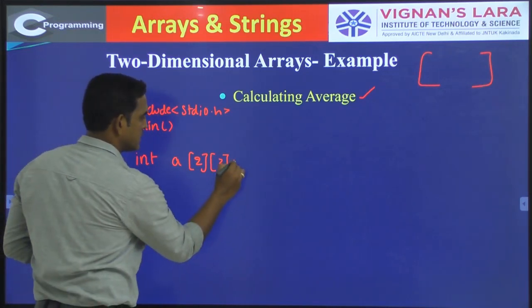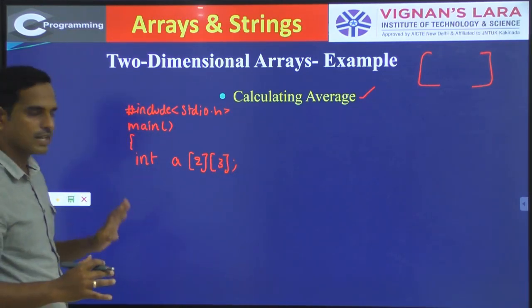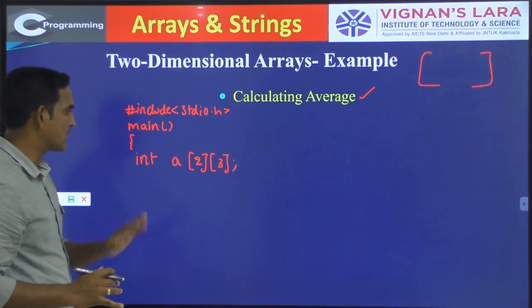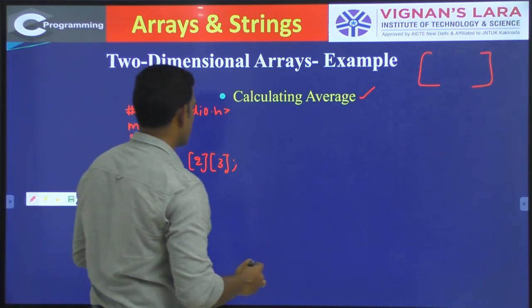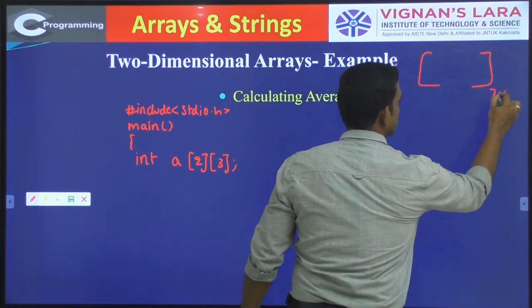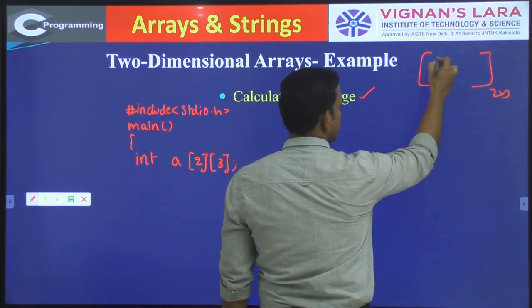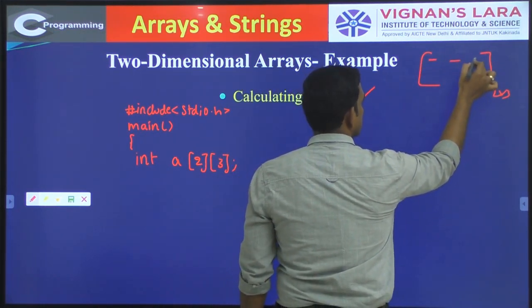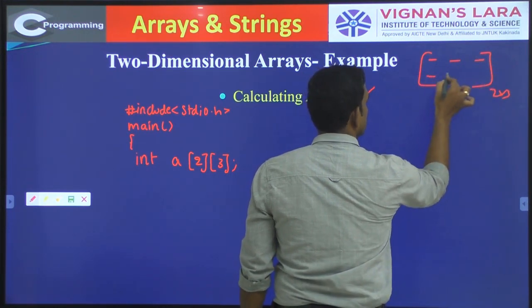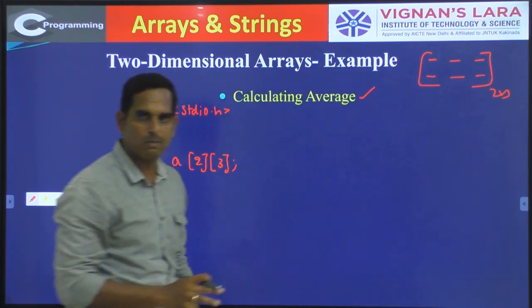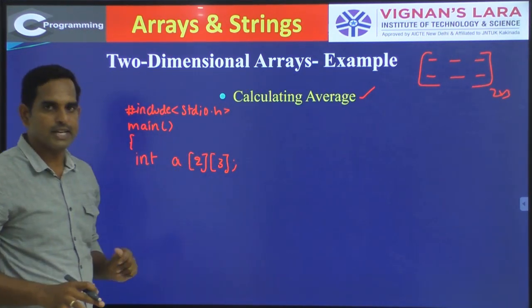This is just a declaration. Once I declare a 2 by 3 array, there will be some garbage, random values present in the 2 by 3 array.